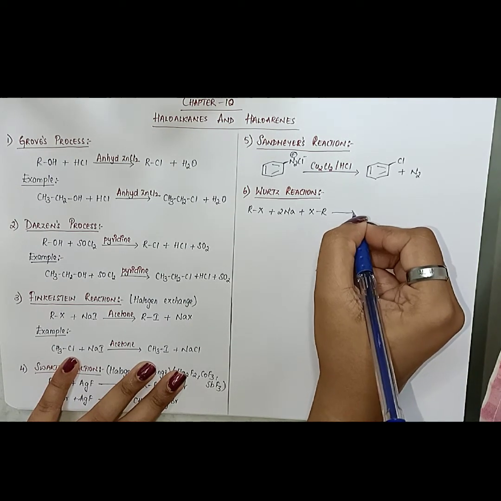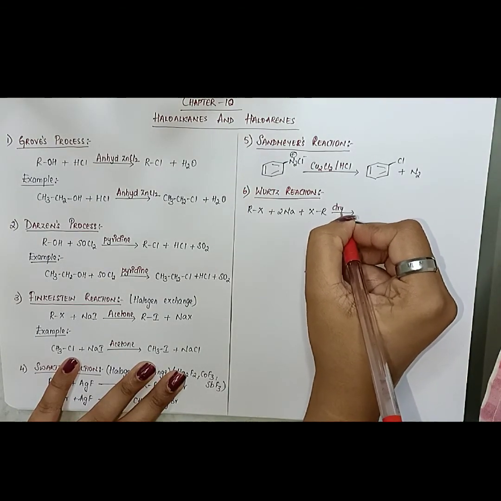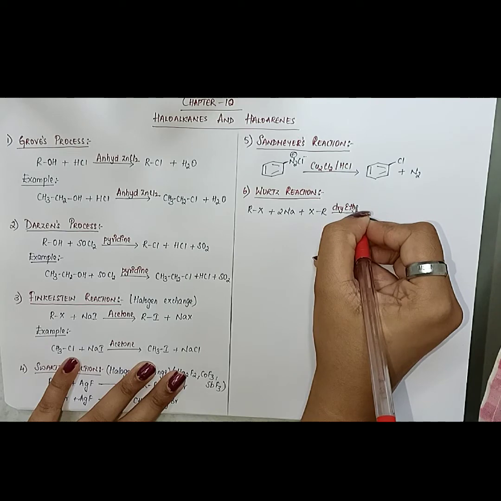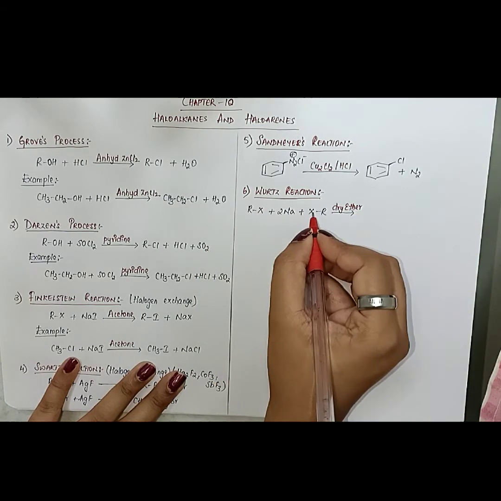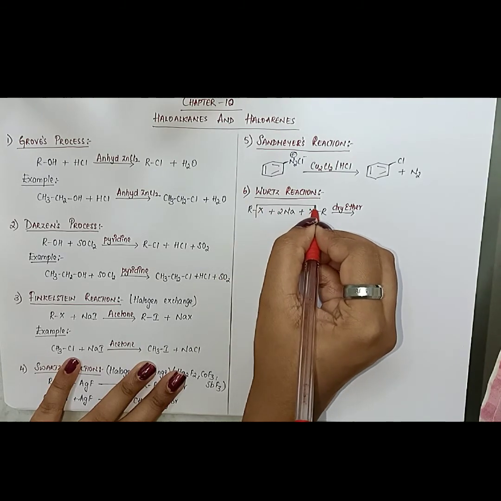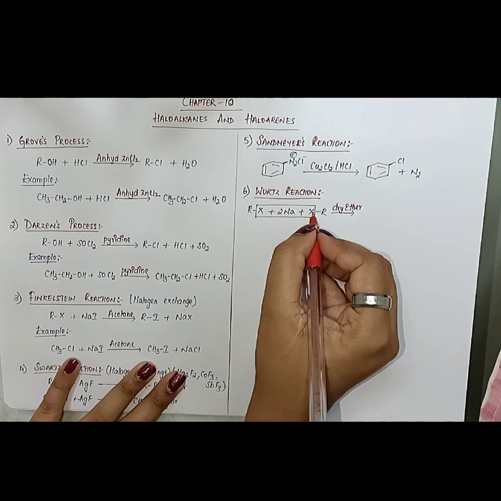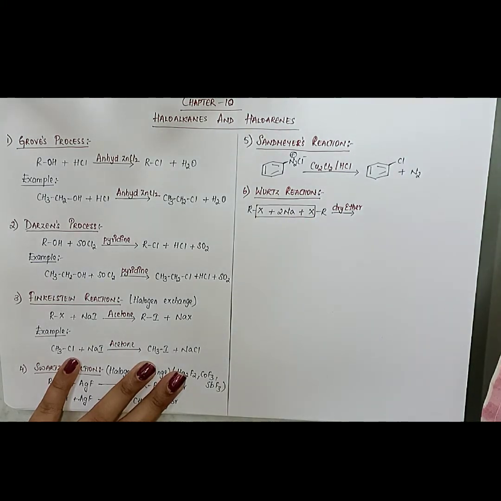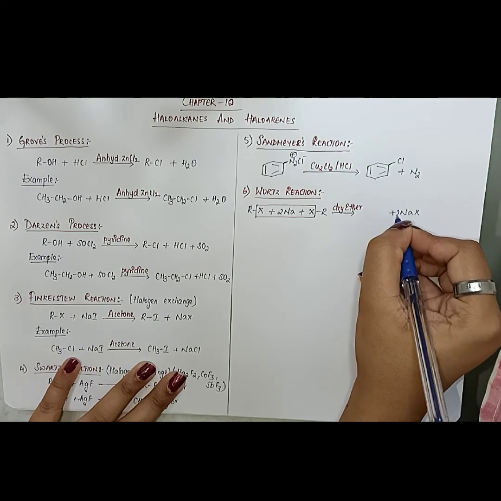Now this entire process is going to happen in the presence of dry ether. So here when you have two halides and two sodium atoms, these are going to combine with each other to form sodium halide. So that's going to be one of our byproducts. Sodium halide, two of that.